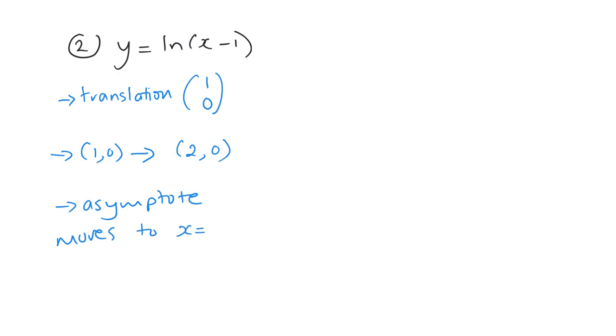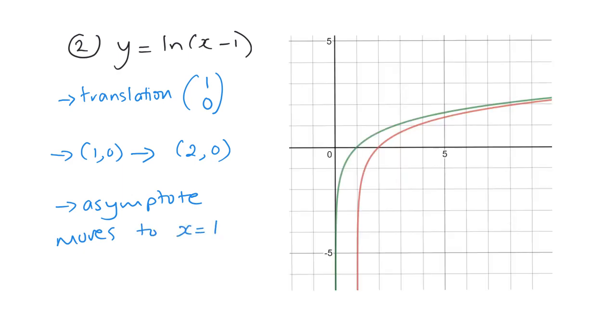And it will move to the line x equals 1. So again, our original graph is the green one, ln x. The red one is moved over to point 2 there. So that's y equals ln of x minus 1. And you can see with the green, the asymptote is the y-axis, and now it's going to move to this line here, which is x equals 1.